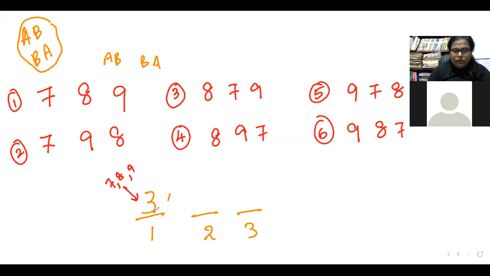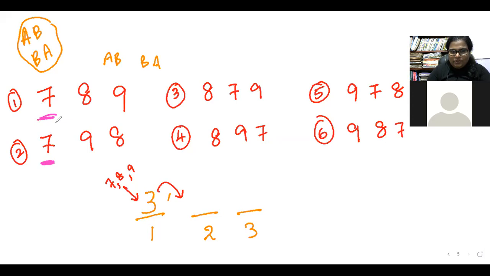Once we fill one number here, then we go to the next position. Right? When you are filling the second position, how many numbers are there? Assume that you can use 7, 8 or 9. If you allocate 7 here, it goes with these 1 and 2 permutations.